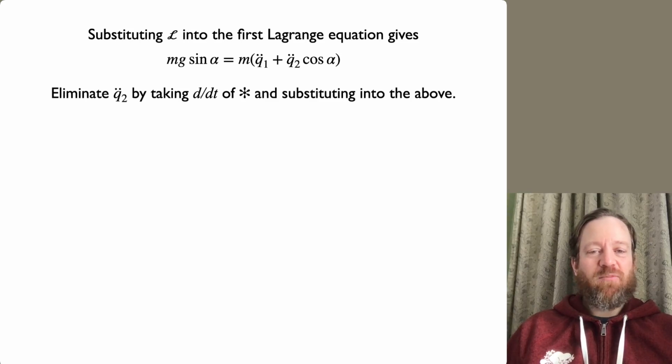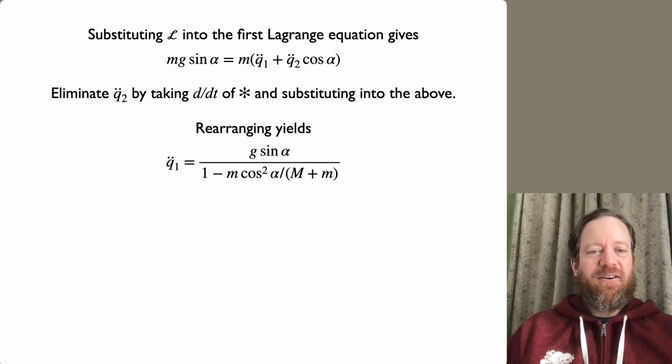When we do that and rearrange, and you should verify all of this, we get Q1 double dot being equal to g times the sine of alpha times 1 minus little m cosine squared alpha divided by big M plus little m. Now, on the right-hand side, the different parameters that we have there are all constants. So g is just the gravitational acceleration, 9.8 meters per second squared.